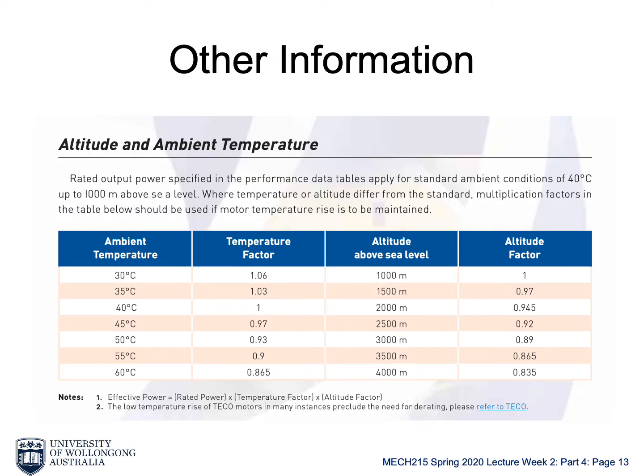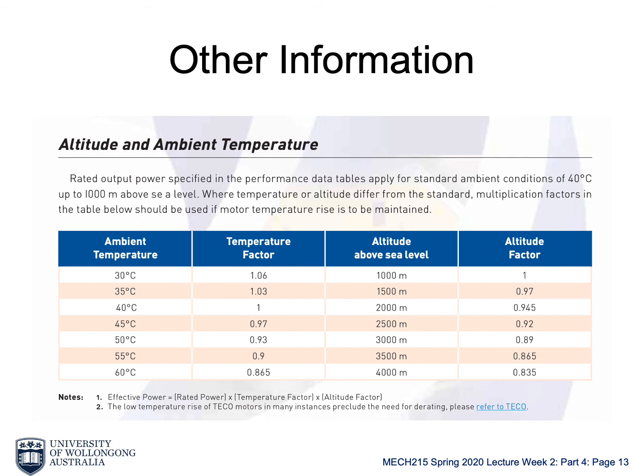Also, there will be other information. I can't include everything here. One example is altitude and ambient temperature. So normally the motor is designed to work at a certain altitude and also a certain temperature. If the temperature and the altitude change, the output power of the motor will reduce.